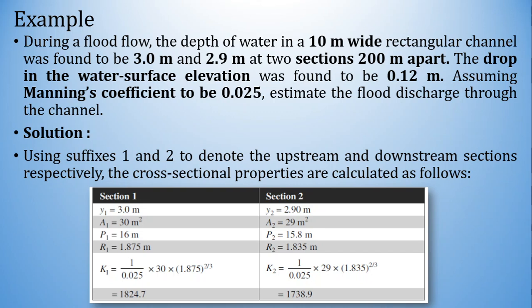Now values of K1 and K2 are calculated based on the formula K1 is equal to 1 upon n into A1 into R1 raised to 2 by 3, and K2 is equal to 1 upon n into A2 into R2 raised to 2 by 3, which is coming out as K1 equal to 1824.7 and K2 is 1738.9.